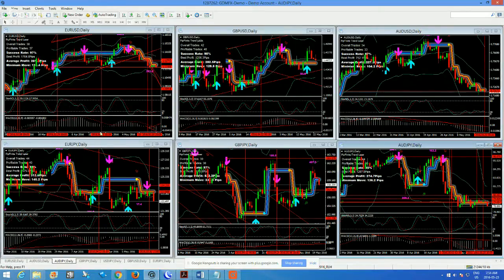The whole European area is represented here. British pound, Britain is represented here. Australia represented here. That also represents the Asian markets. This represents the Australian dollar, Japanese yen. So the Australian and Asian markets. British pound and Asian markets, Euro Asian markets.